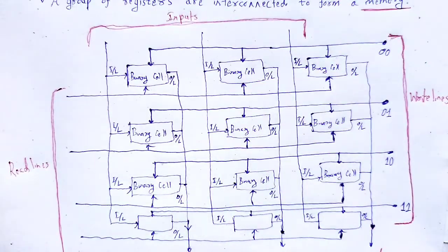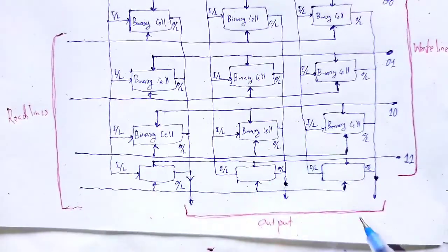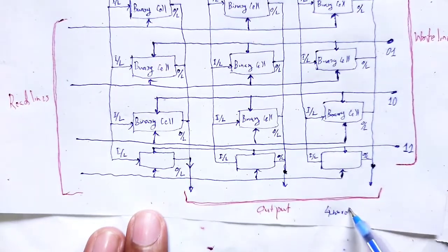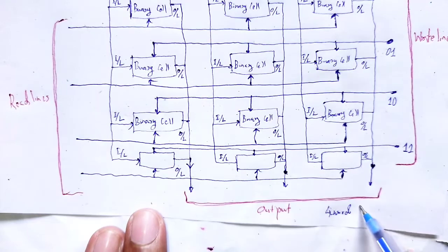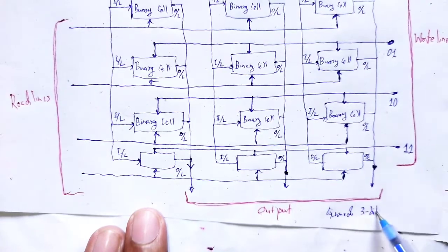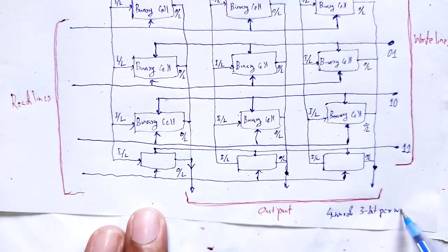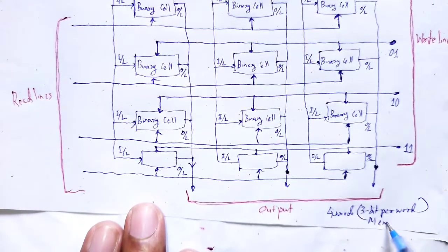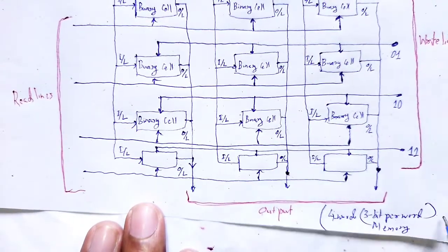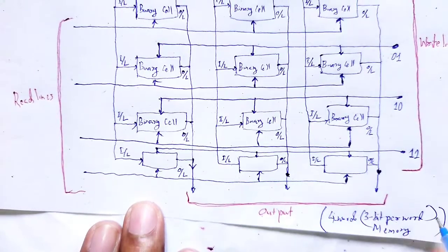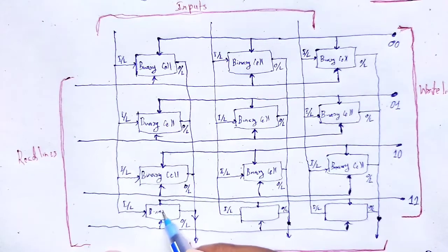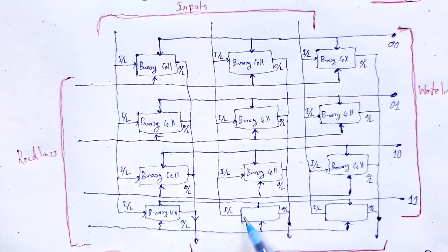This is an example of a 4-word, or we can say 3-bit, forward memory. A 3-bit 4-word memory means 12 binary cells are required.